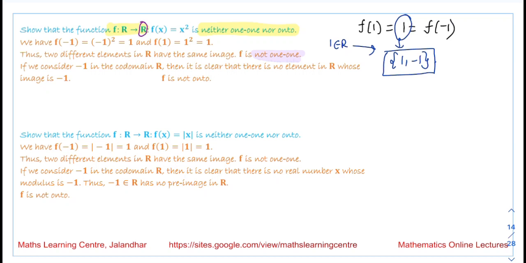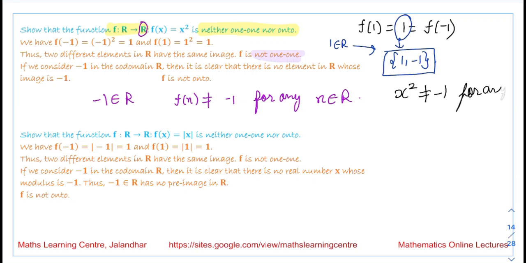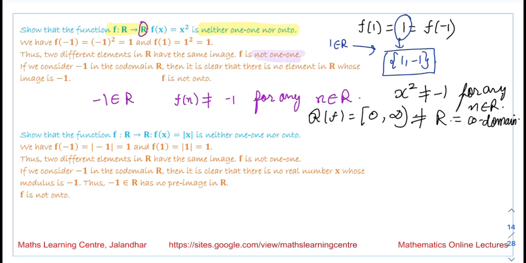Out of this codomain, we are considering an element, say −1, and we are saying that f(x) is not equal to −1 for any x belongs to R. What this means is that x² cannot be equal to −1 for any x belongs to R. It means the range set of this function f is [0, ∞), and this is not equal to R, the codomain of this function. It means this function is not an onto function.